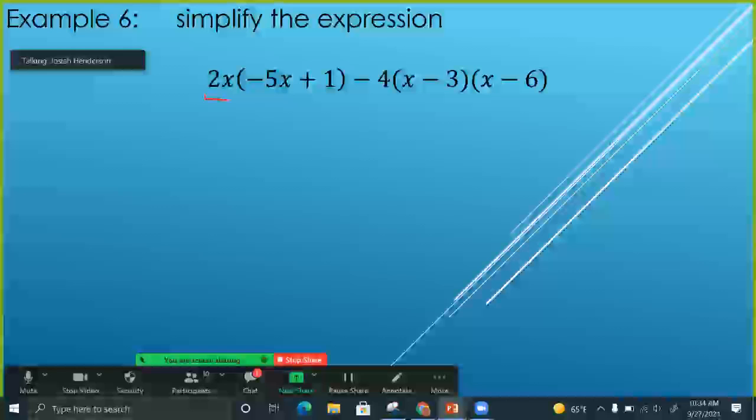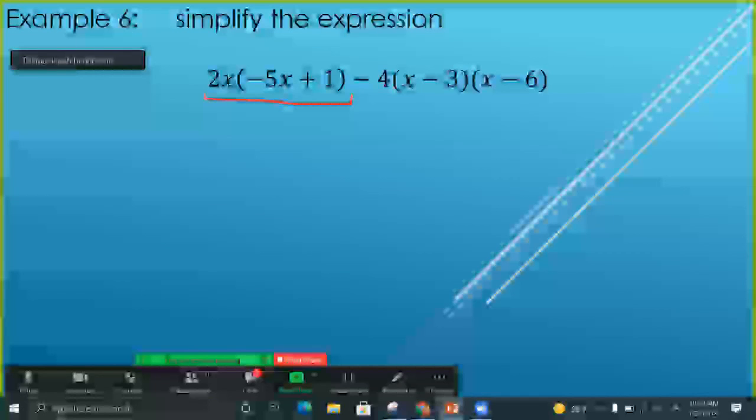So we've got the 2x times its parentheses. We got to deal with that. And we've got 4, or negative 4, times x minus 3, and then times another x minus 6 there. So we'll have to do this in stages or steps.